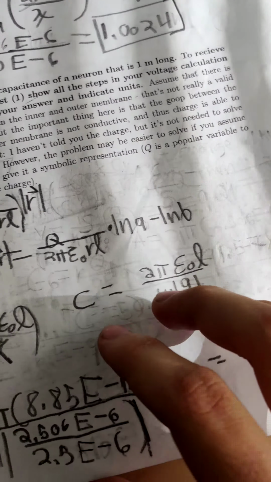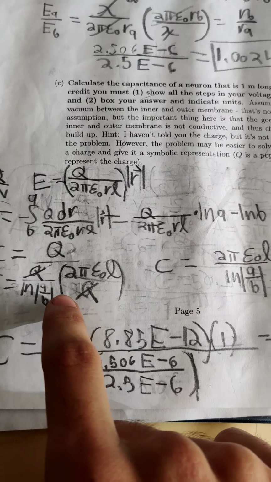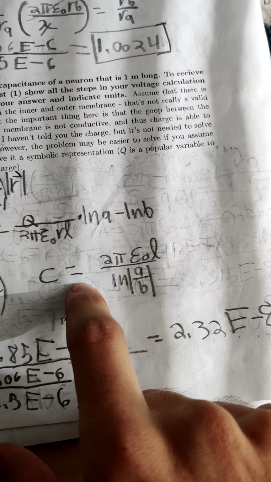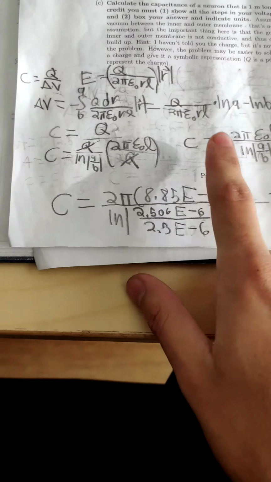After that, I was able to get the integral of the derivative of B, which will give me this. That way the charges will cancel out right here, so the capacitance after doing all this math will equal 2.32 times 10 to the negative 8.